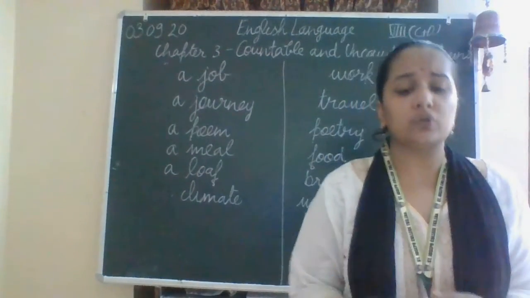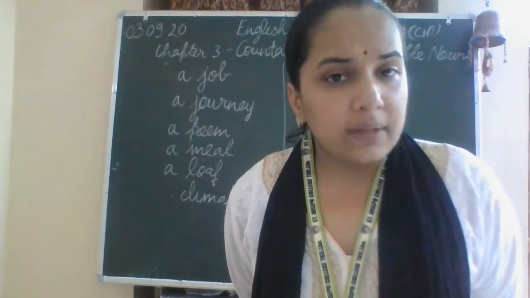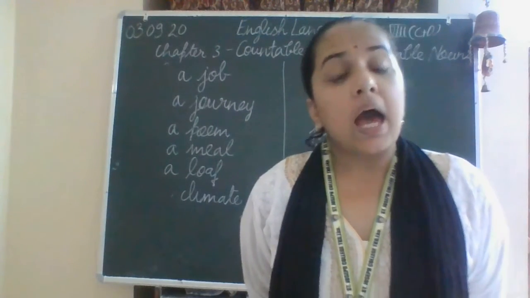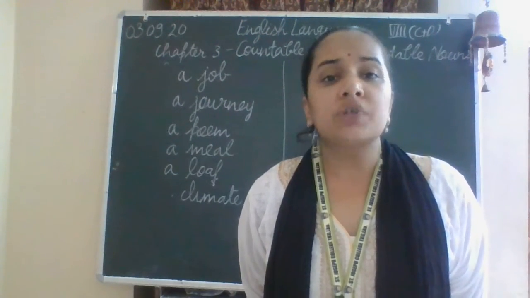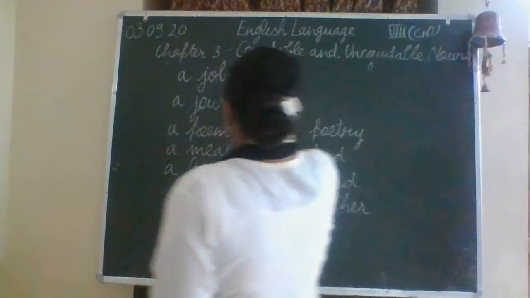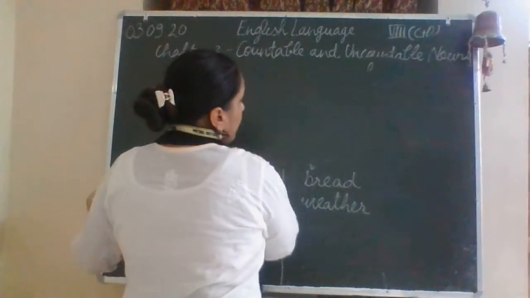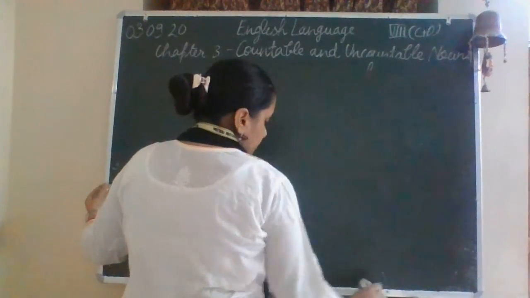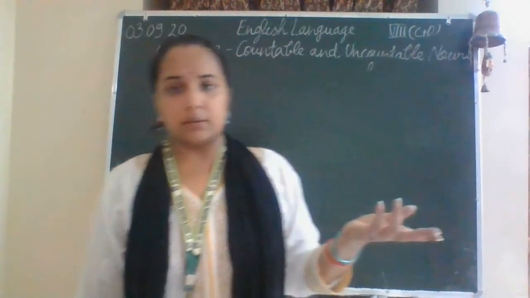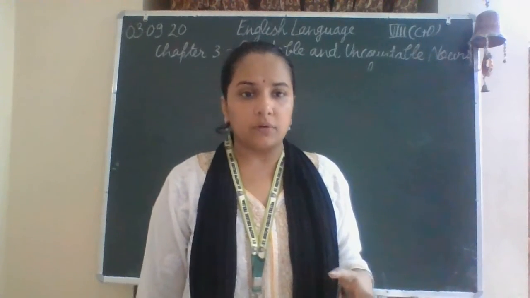Now, whenever we are talking about uncountable nouns, they usually refer to substances and abstract things. What are the abstract things? We have discussed the abstract noun in the previous class when we were discussing the classification of noun.